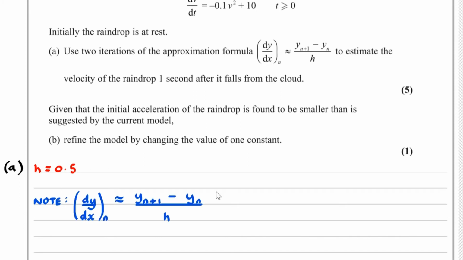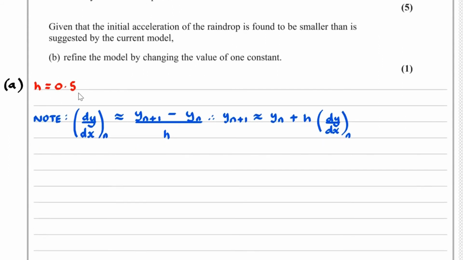Now we've got this iterative formula. dy over dxn is approximately yn plus 1 subtract yn over h. If we rearrange this, we can see that yn plus 1 is approximately yn plus h multiplied by dy over dxn. First of all, we know that t0 is 0 and it starts from rest, so v0 is also equal to 0.